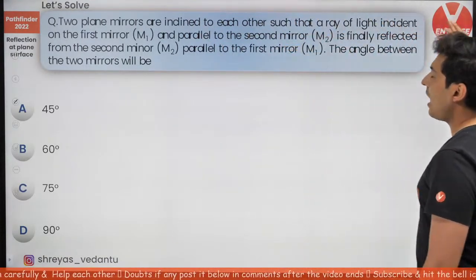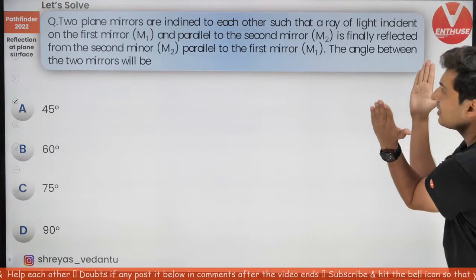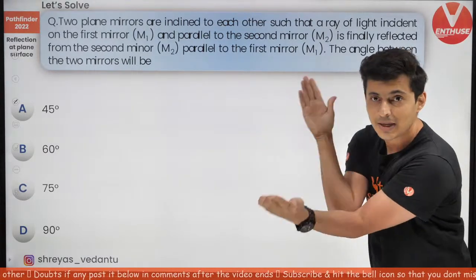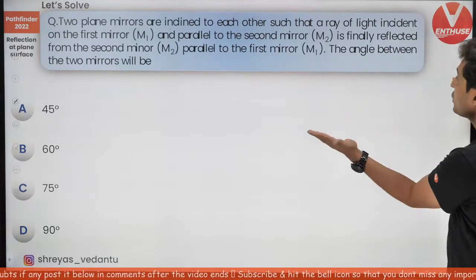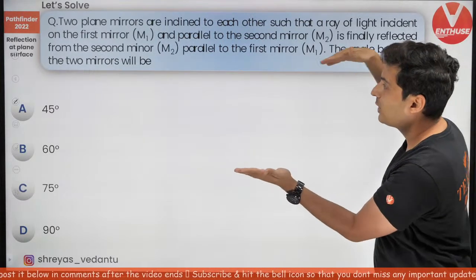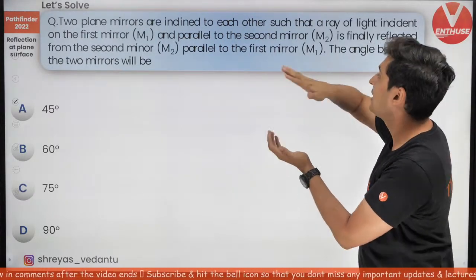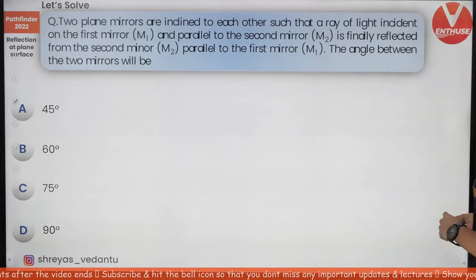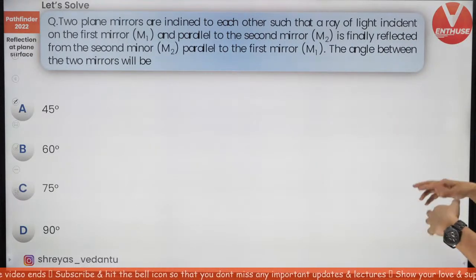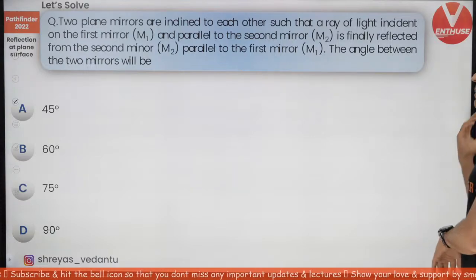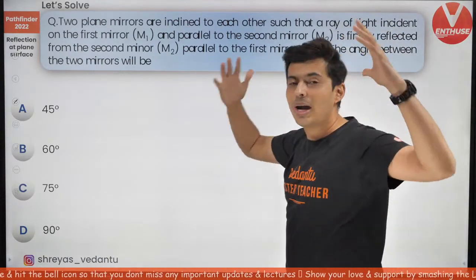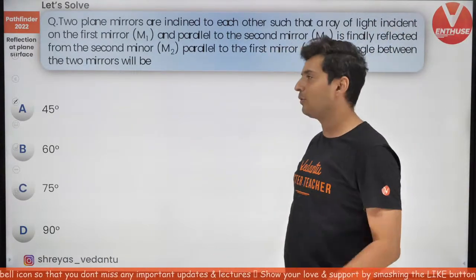Here comes the first question. Two plane mirrors are inclined to each other, okay? Some angle between them, so that the ray of light falling on the first mirror and parallel to the second mirror is finally reflected from the second mirror parallel to the first mirror. Wait a minute, what is happening? Think carefully.